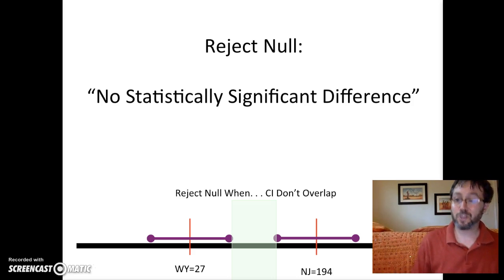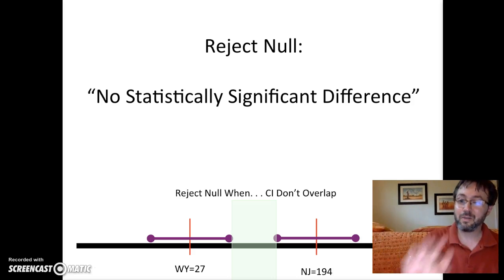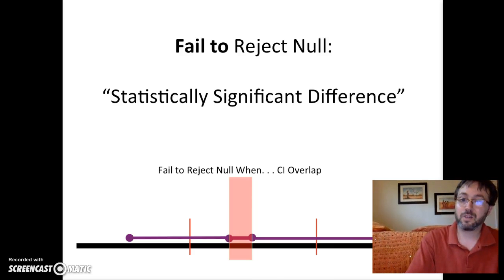Now you can never say for certain, but statistically speaking, the null hypothesis is that there's no statistically significant difference between group A and group B. So consequently, you reject the null hypothesis when the confidence intervals do not, in fact, overlap. So spend a little bit of time with this slide, trying to get the concept down, reviewing the text, looking at some online resources, because it's an inverted way of thinking, and it takes a little bit of time to percolate with and think through to really master.